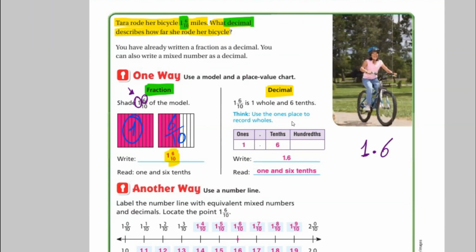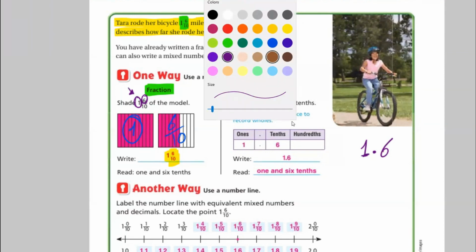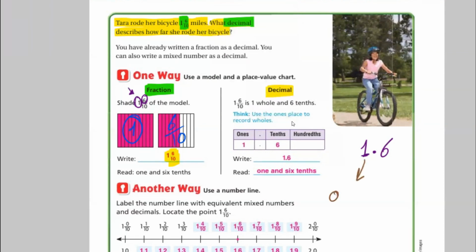So that's how we can write a decimal number. How can we convert a mixed number or a fraction to a decimal number? Okay, so now how can we read this decimal number? First of all, write one, only write one, okay? And then the decimal point reads as and. The decimal point reads as and, okay?